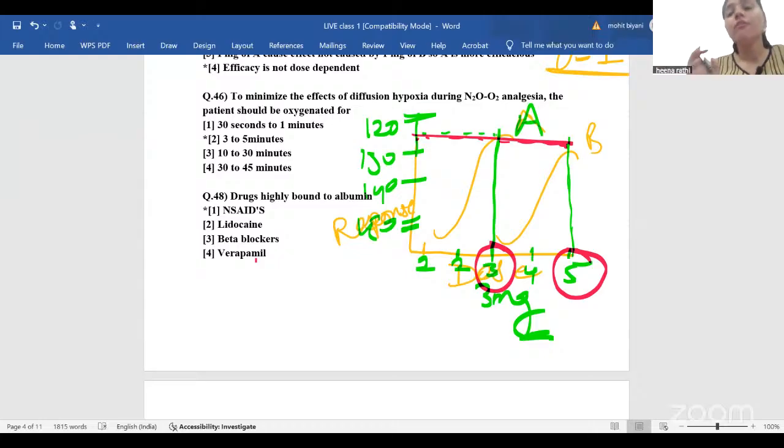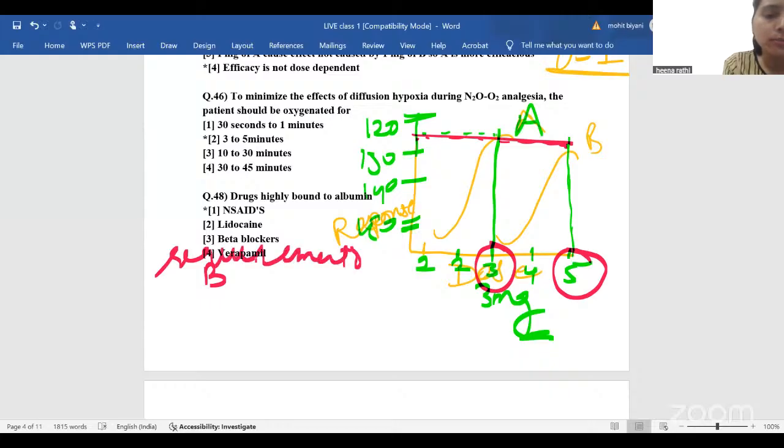It means we have to increase the concentration of drug B to achieve the effect which drug A achieved at a smaller concentration. So drug B requires more drug. The requirement of drug for B is more than A.